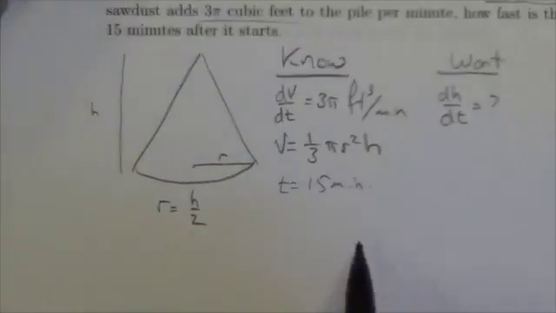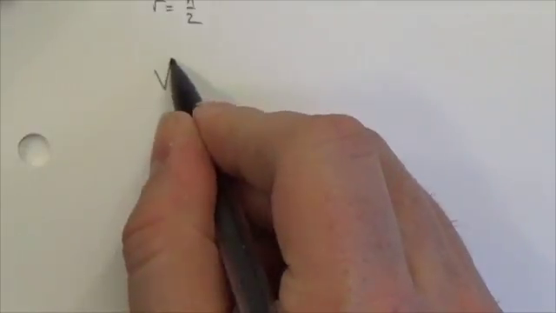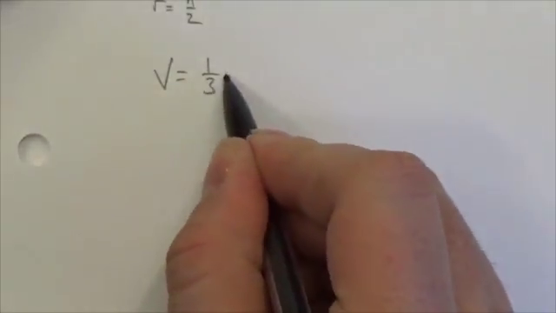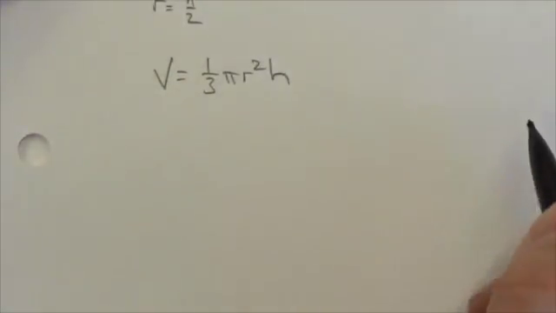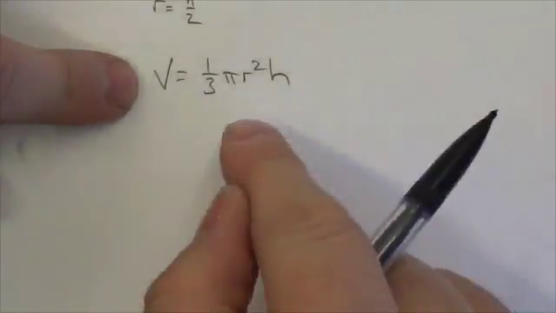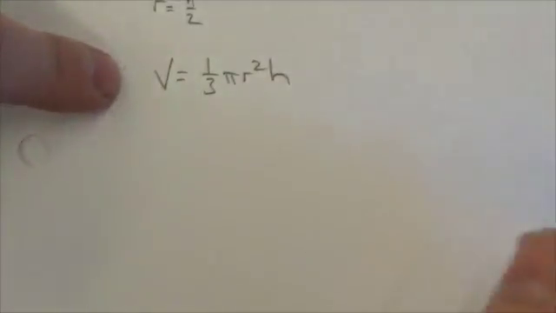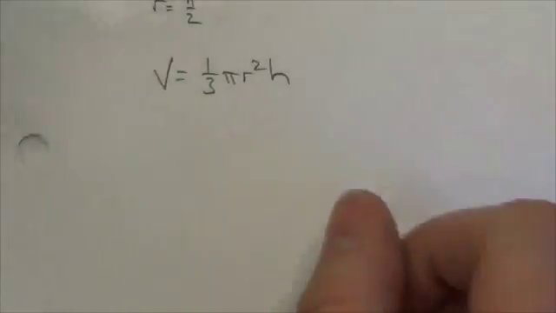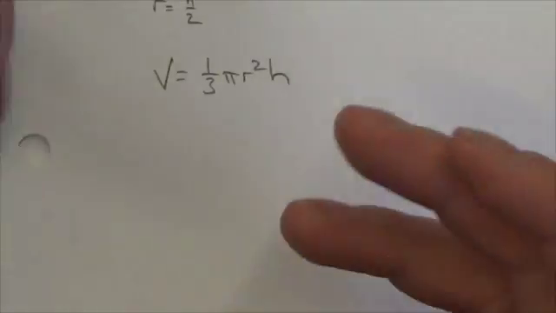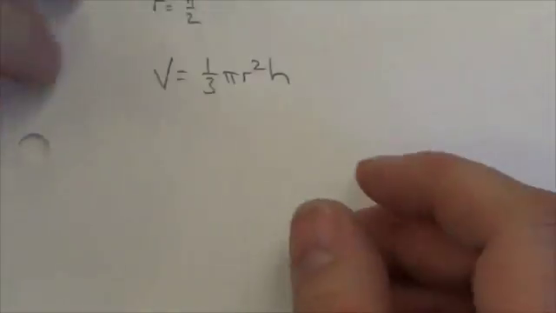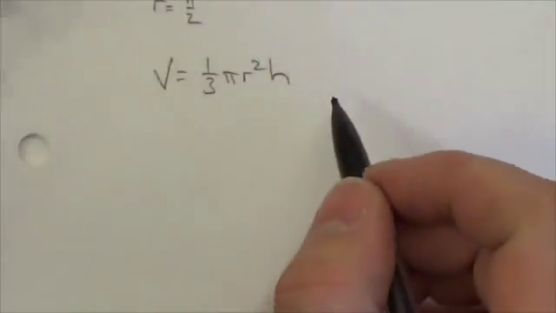First of all, we're going to start with our volume equation, 1/3 pi r squared h. I want this in terms of just volume and height, because those are the two variables that are changing that I'm interested in. I know the one, I'm looking for the other. So I've got to get rid of r.